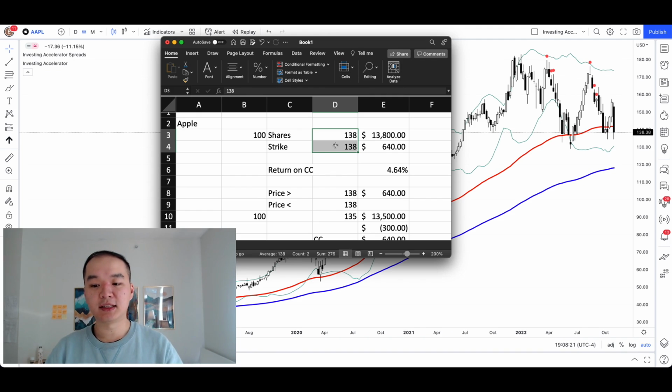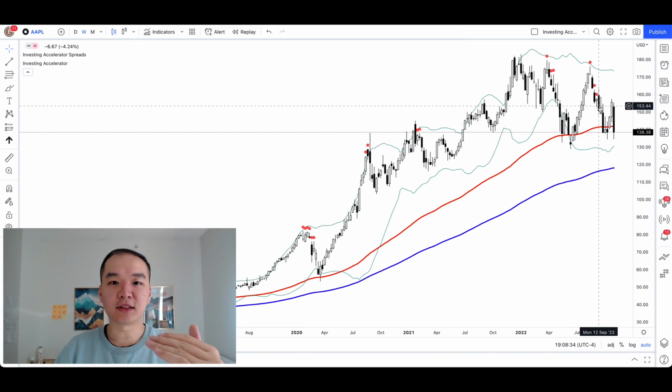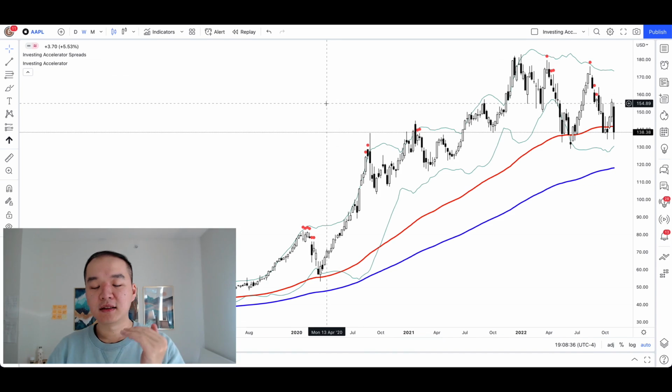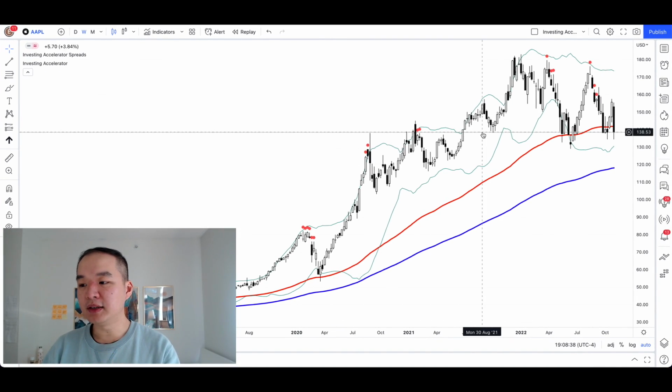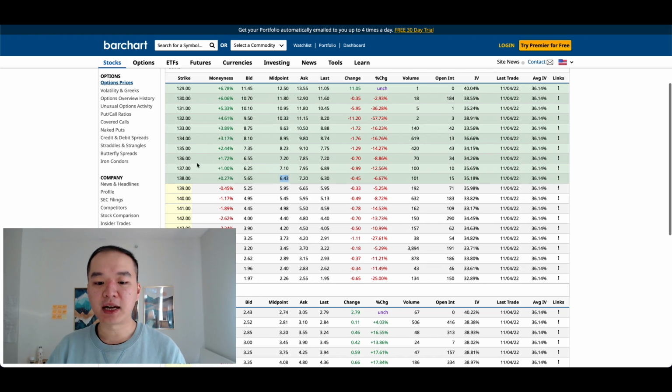So 50% chance it might be higher than 138 after 30 days, and 50% chance it might be below 138 after 30 days. So if you choose a different strike, let's say it's lower than the current price, then you might have a better probability than 50%.